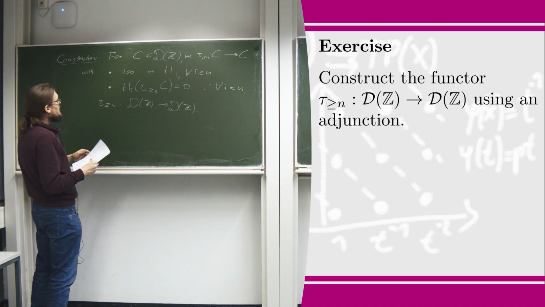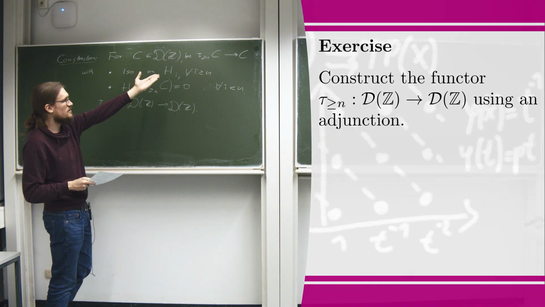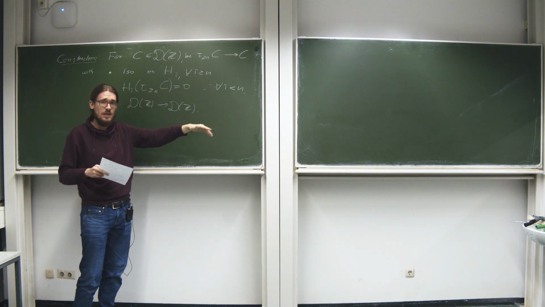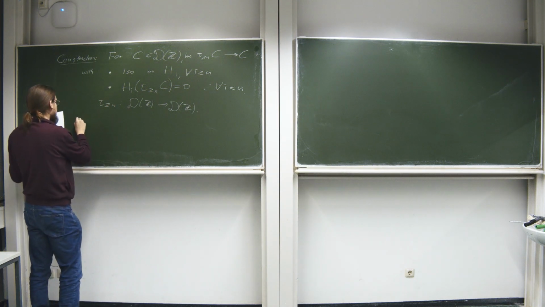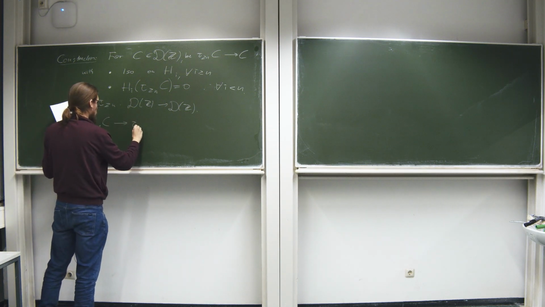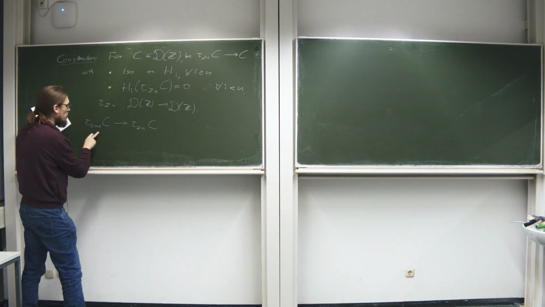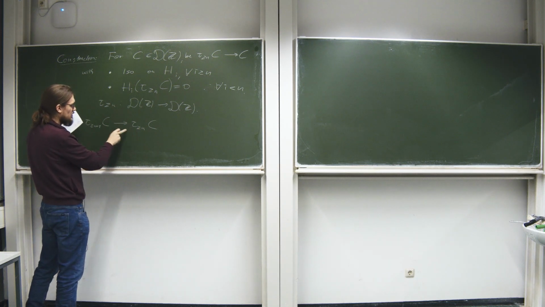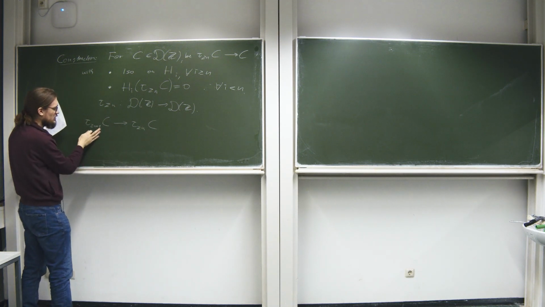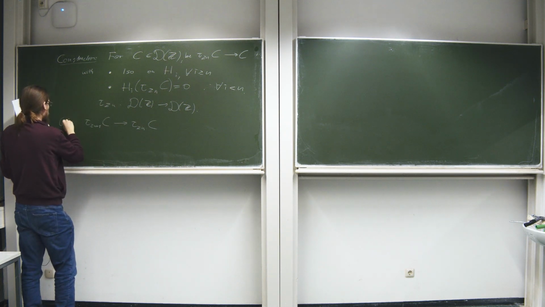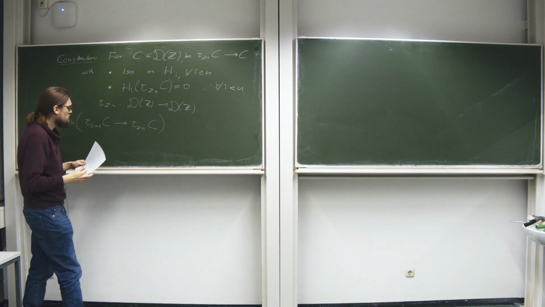Okay, so we have all these τ≥n of C. They're all given by cutting off the homology groups below a certain degree. And so in particular, we also get a map between τ≥n+1 of C and τ≥n of C. Right? From this one, I get this one by just cutting off one more homology group. And now I can ask, what's the cofiber of this map?